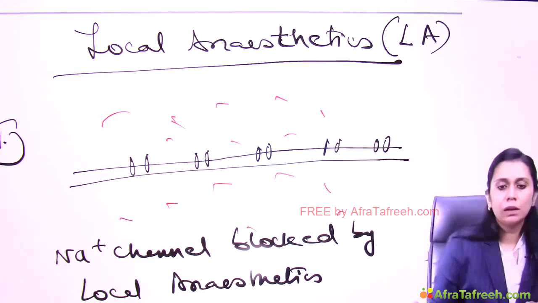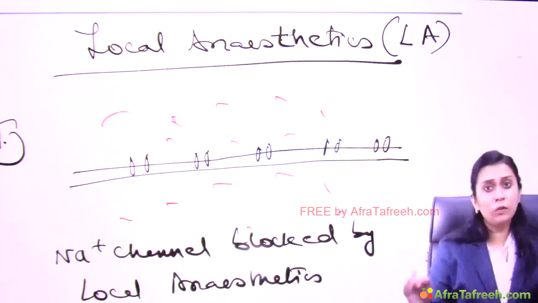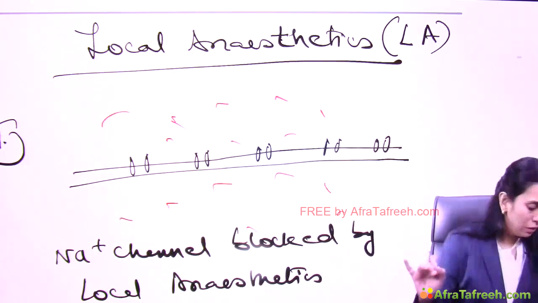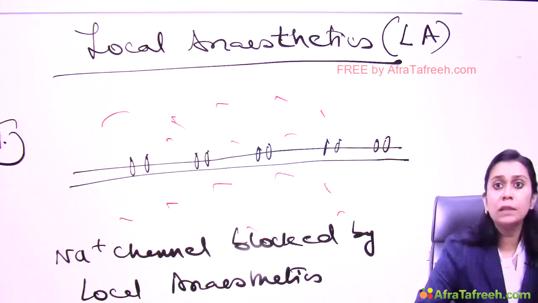Okay. Now guys, apart from the sodium channel, which is primarily blocked, what happens? Local anesthetic binds to this sodium channel, stops the depolarization of the sodium channel, and prevents the propagation of the nerve impulse. Got it?